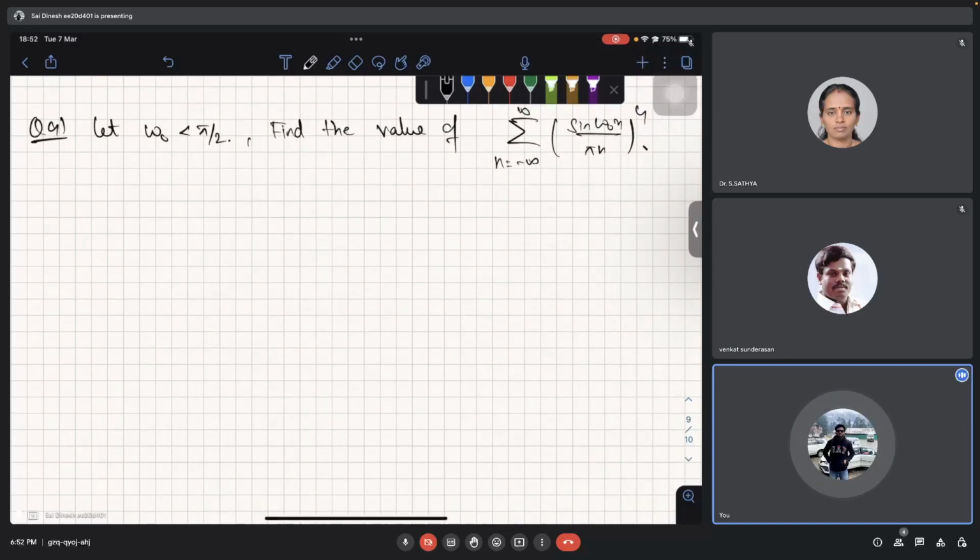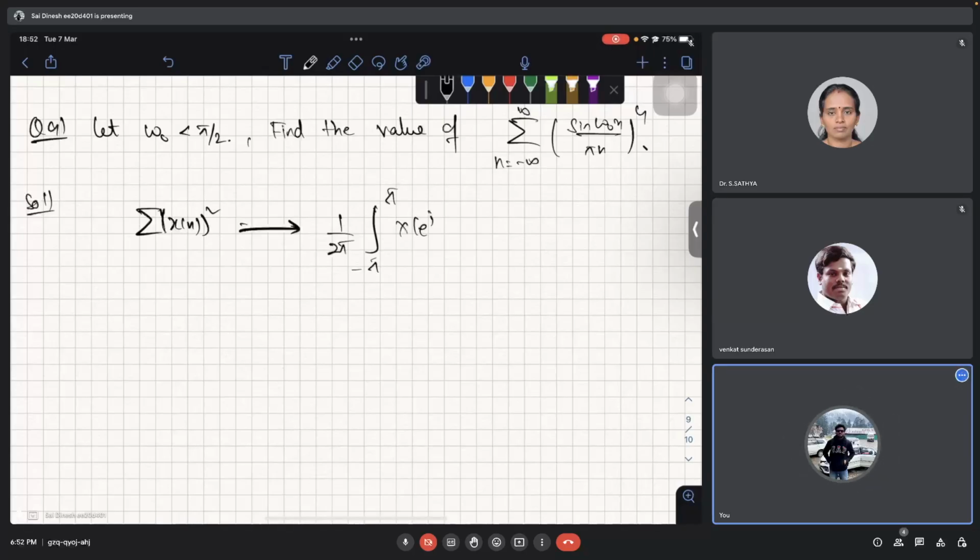So we know that the sum of x of n whole square has a DTFT of 1 by 2 pi integral from minus pi to pi of X(e^j omega) whole square d omega, exactly.